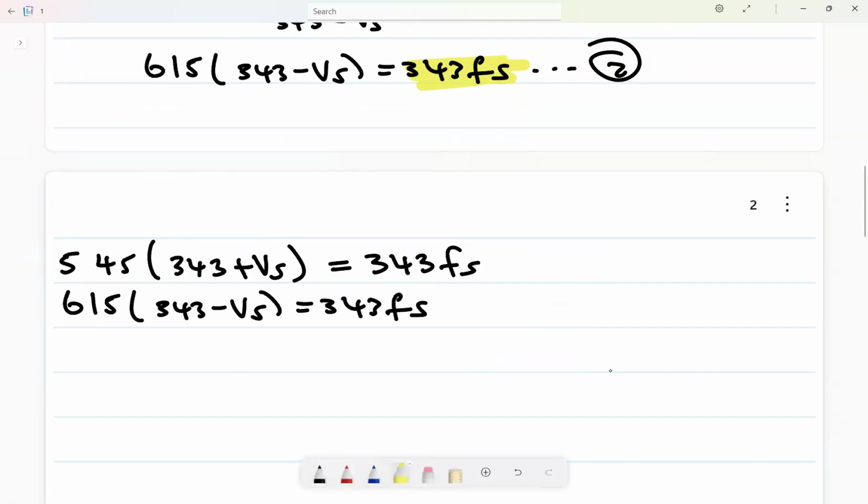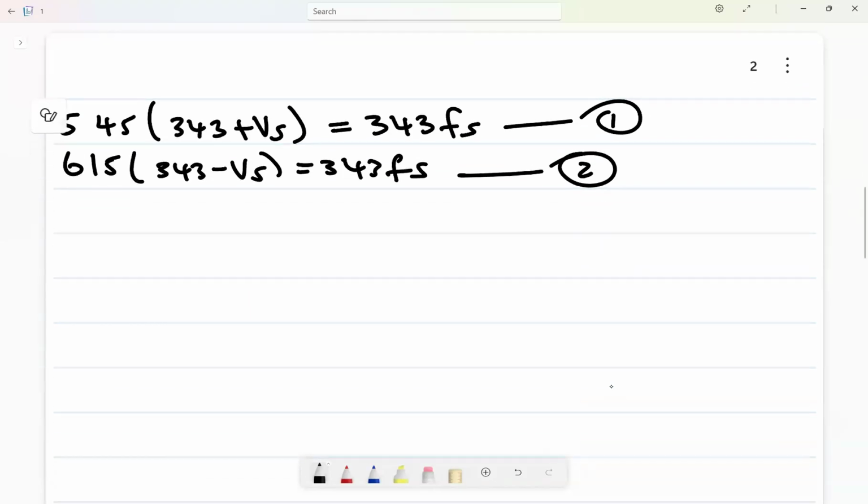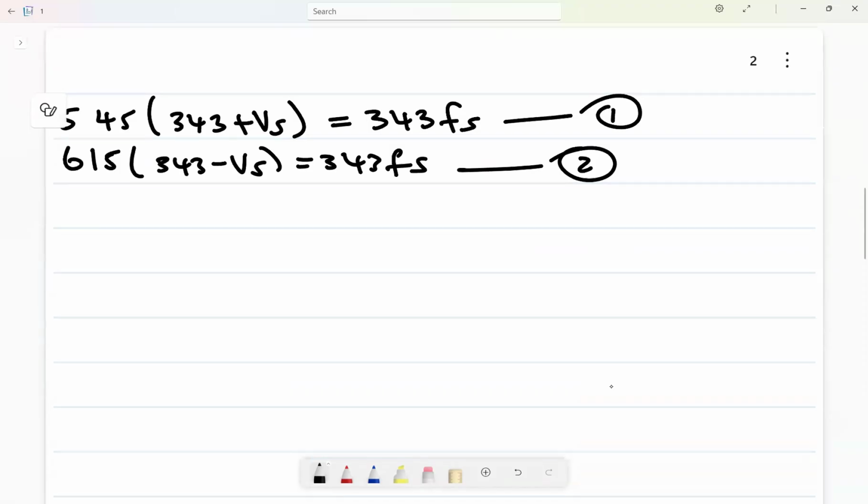So we said this is equation 1, this is equation 2. Therefore, they are both equal again to this one, 343 Fs.